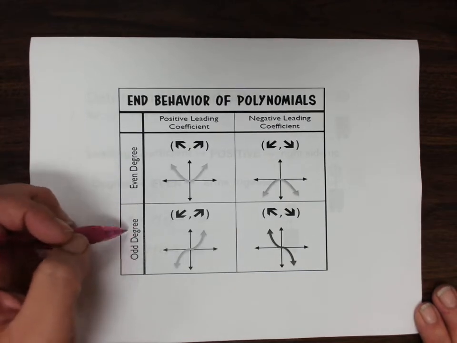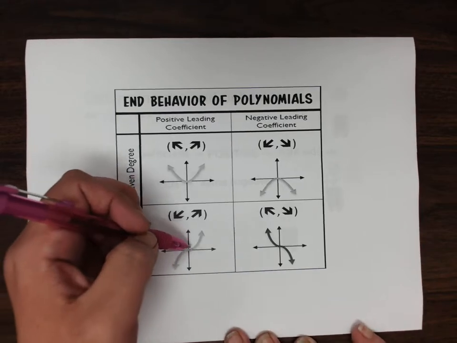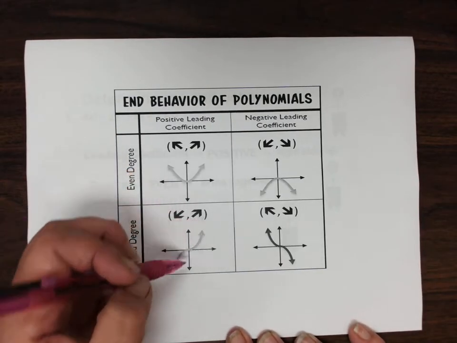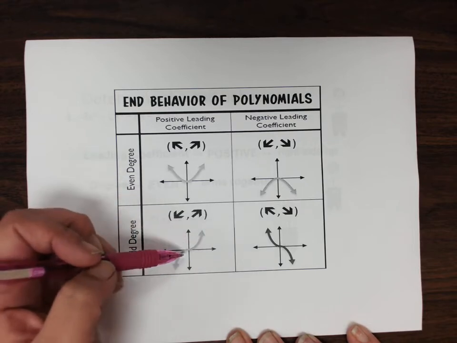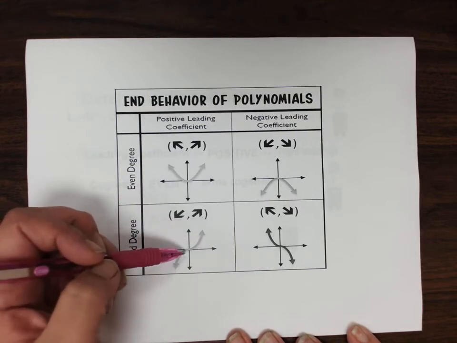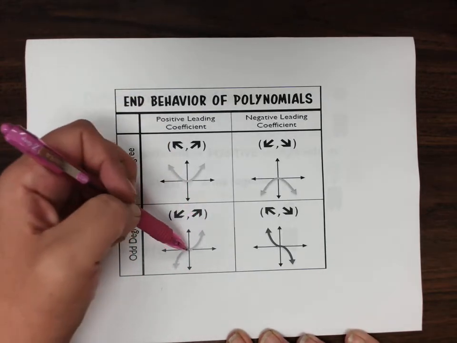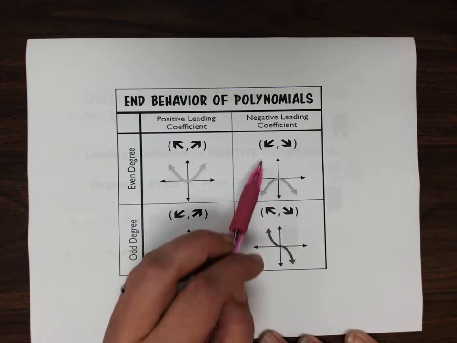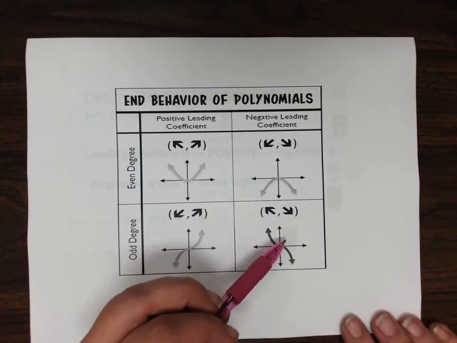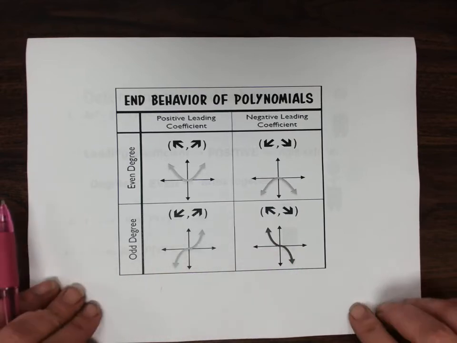If we have an odd degree function and a positive leading coefficient, this is one where this is an increasing interval always, right? So as we're going off the left side, it's very negative, going down, and going up the right, it becomes more and more positive. This is the opposite if we've got the negative leading coefficient, where on the left side we're going up, and on the right side we're going down.